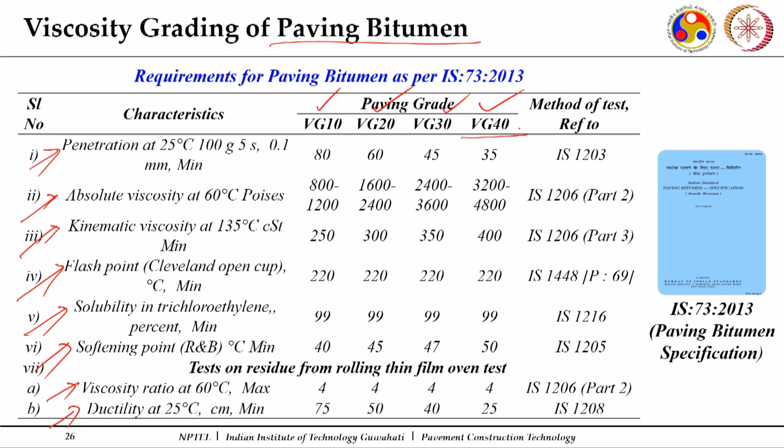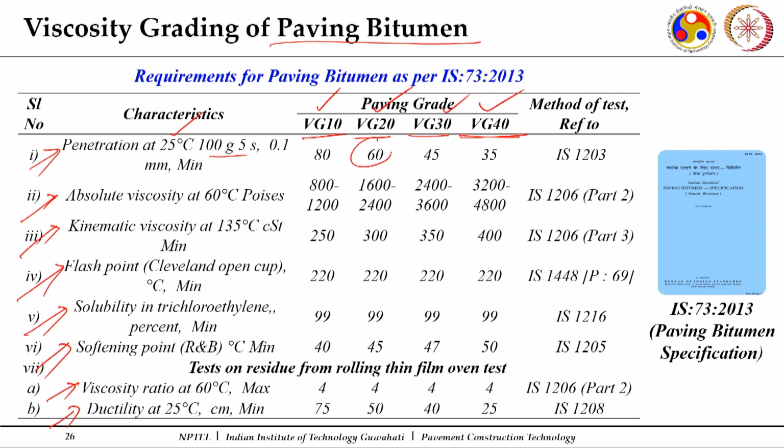For the beginning part, in general we can say VG40 is the hardest, stiffer grade compared to VG30. Then we have VG10 and VG20, and VG10 is the softest grade. Now, here you can see the requirement of a penetration test done at 25 degree centigrade.